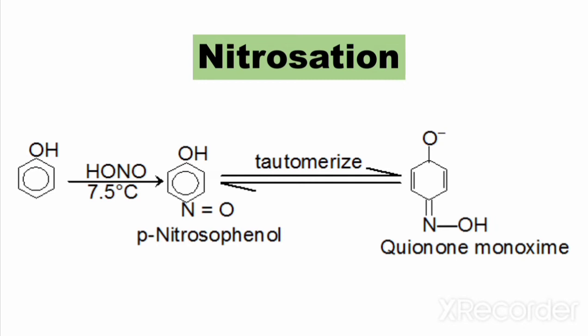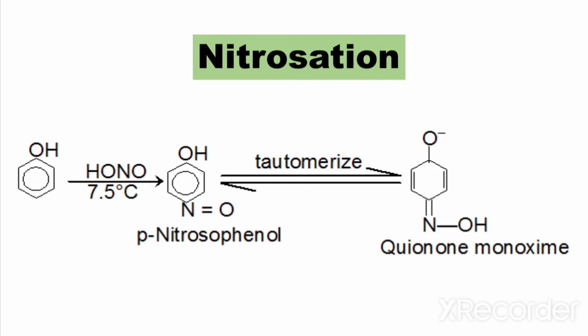And when the nitrogen and oxygen bond breaks, the carbon and nitrogen bond will be formed as a new pi bond between the nitrogen and carbon, because in the first compound, p-nitrosophenol, the carbon and nitrogen has only one sigma bond. So it will form a pi bond and a double bond after tautomerization. And this is a reversible reaction, so both products will be present at the same time.